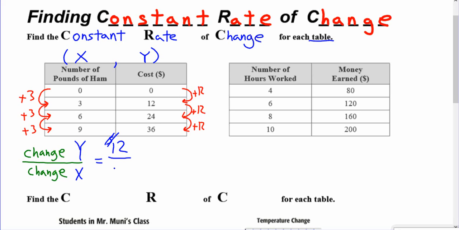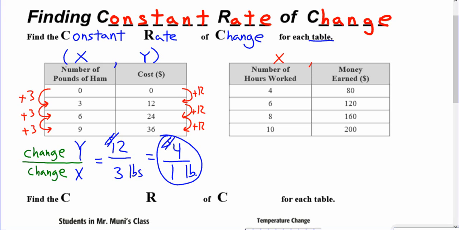And for the x side, it changed by 3 pounds. Now that can be reduced to a unit rate of $4 per 1 pound. And that is the rate of change. It's a constant rate of change.